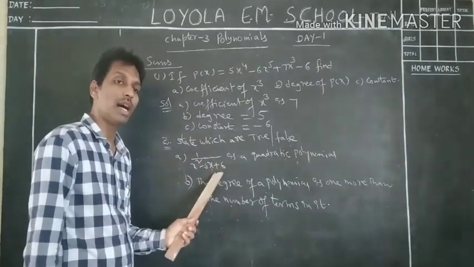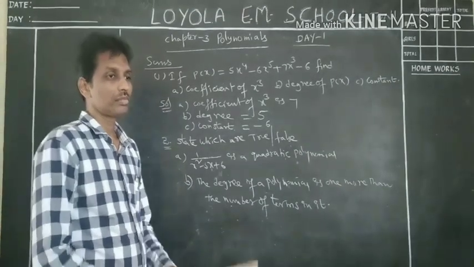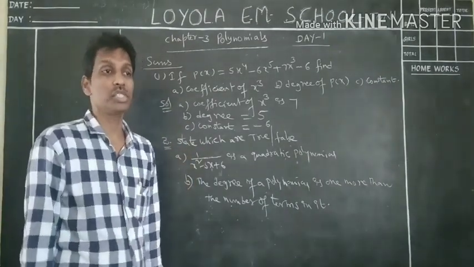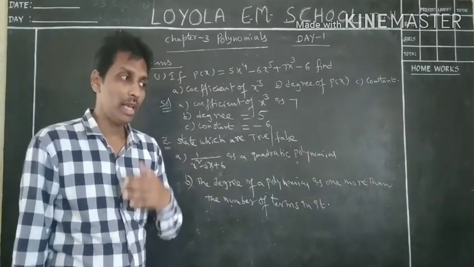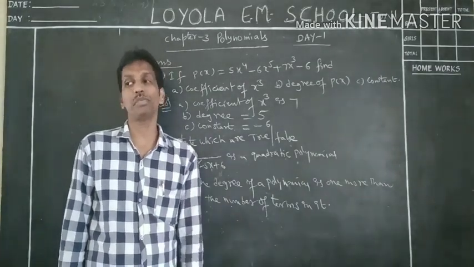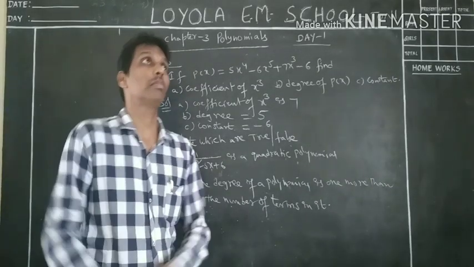But this is an example for a multinomial. Here we need to discuss more. That is the case in our 9th class level when we go through the definitions of types of polynomials. When a mathematics teacher asks some of the students to give examples for the types of polynomials, they say monomial, binomial, trinomial, polynomial, multinomial.